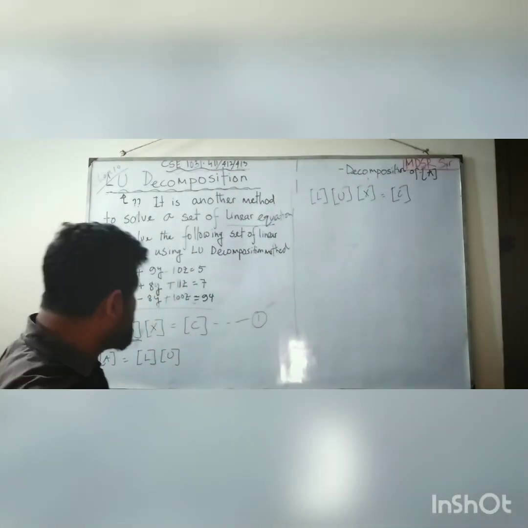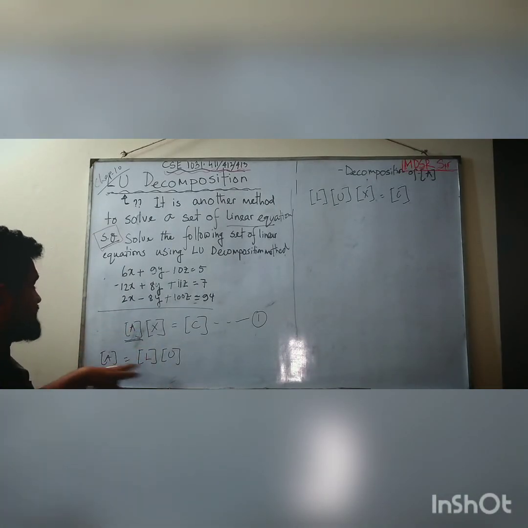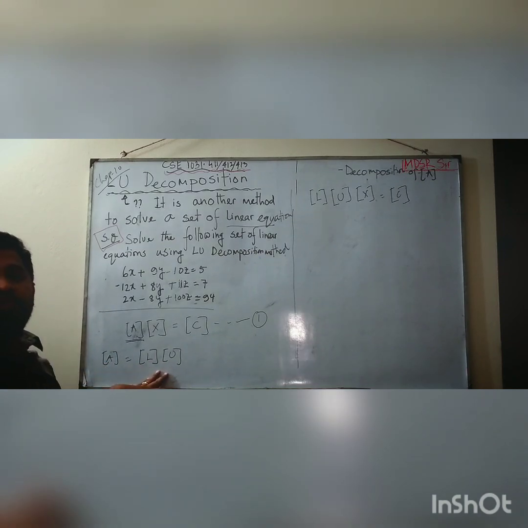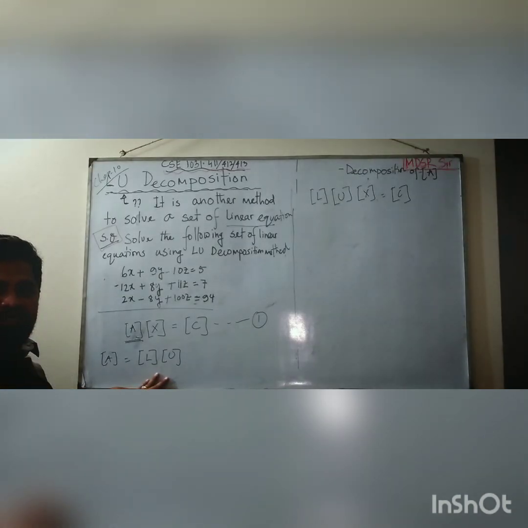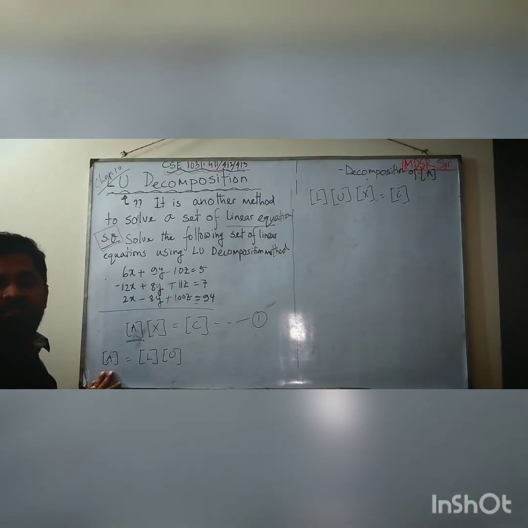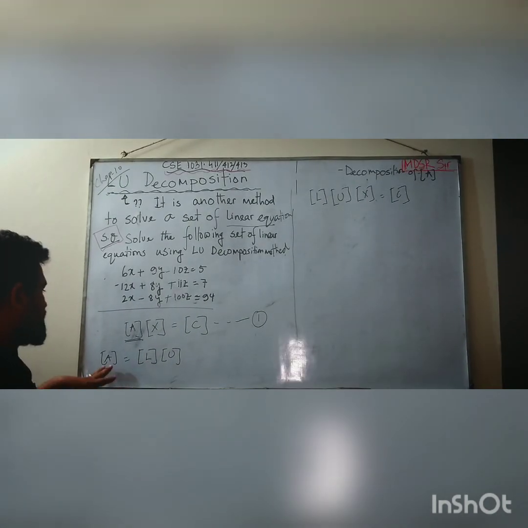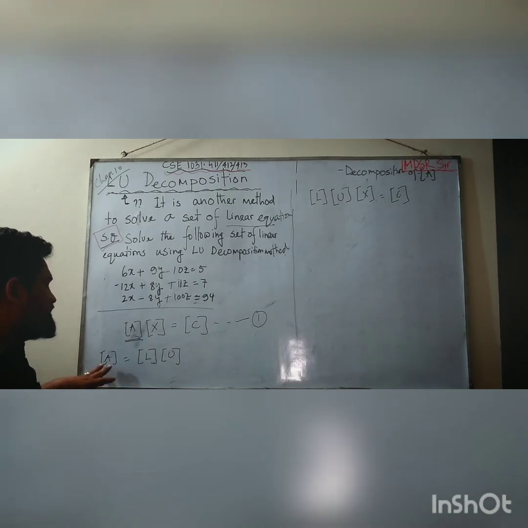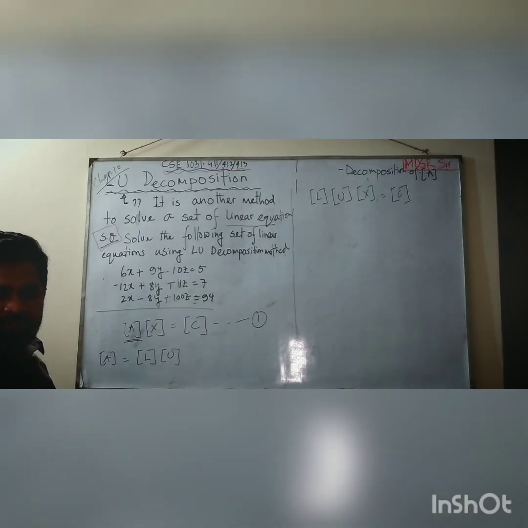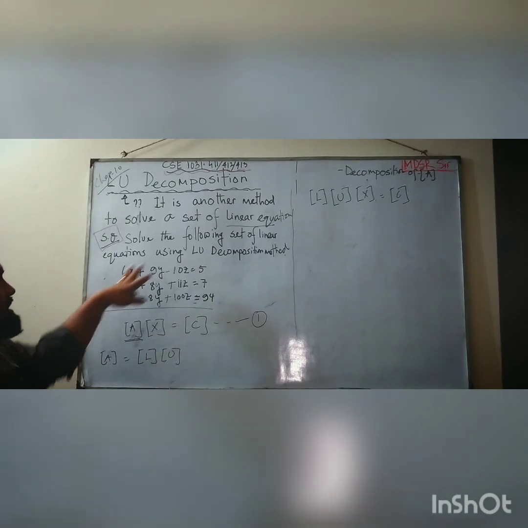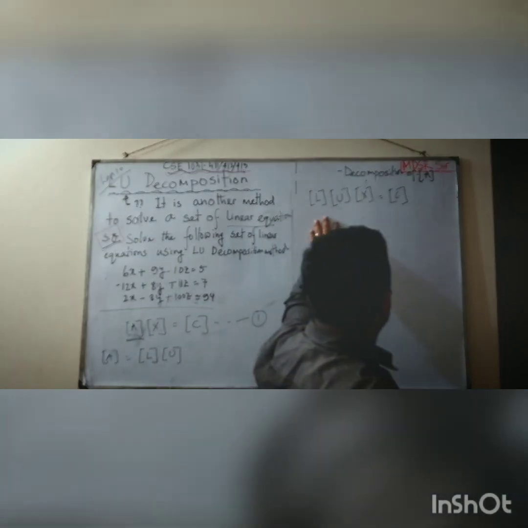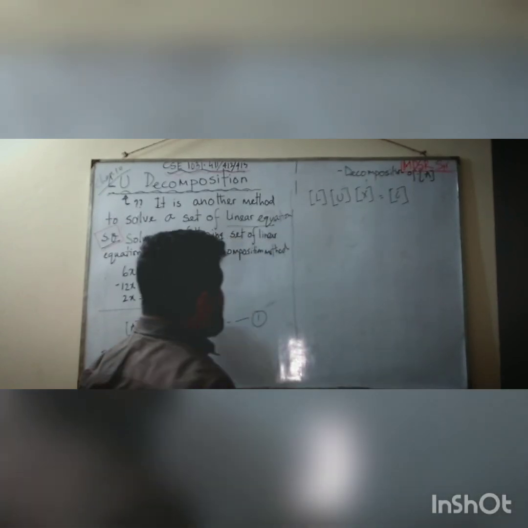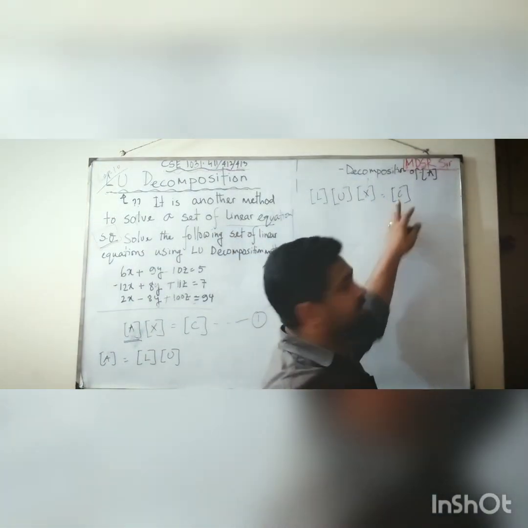If we can decompose a matrix into two different parts, multiplying these two matrices gives the original matrix. So A is the product of L and U. You can say it either way. We just put L and U in place of A.